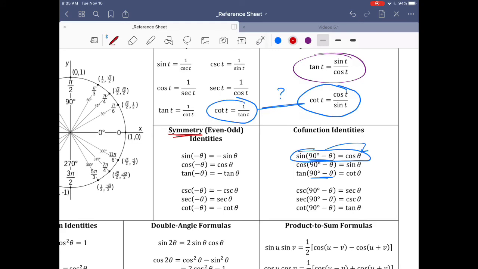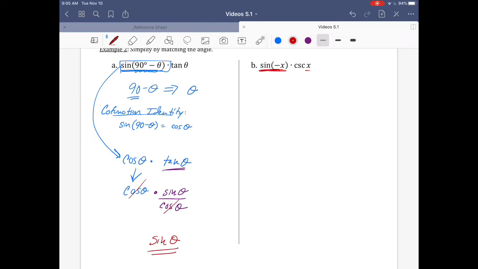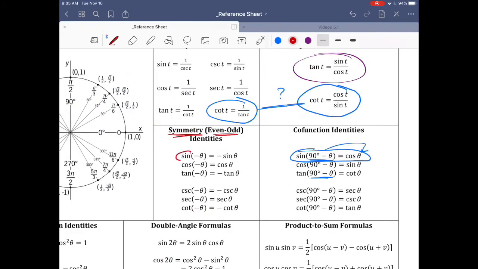You might remember the odd and even functions from Algebra 2 with symmetry to the origin or symmetry to the y-axis. That's where these come from in trig, which we'll again talk about in class. But let's find the one that has sine of negative x in it. It says sine of negative theta, but as long as you're keeping your variables consistent, they are interchangeable.